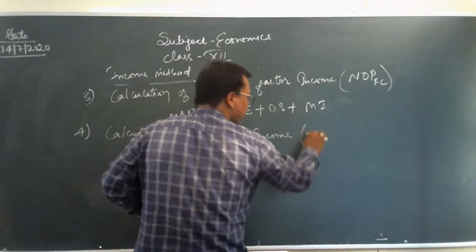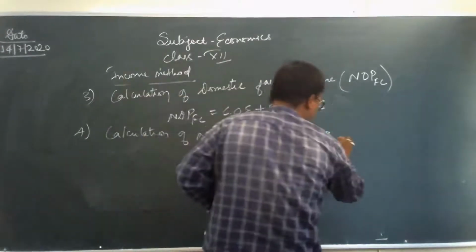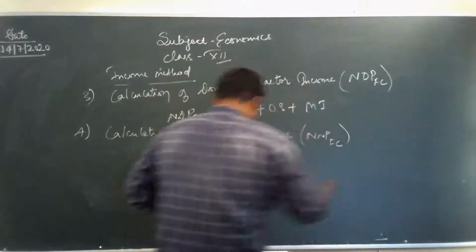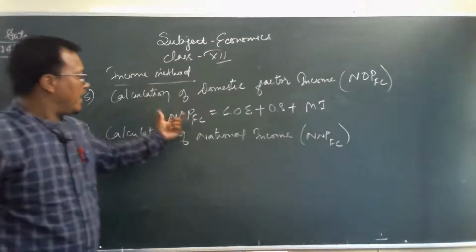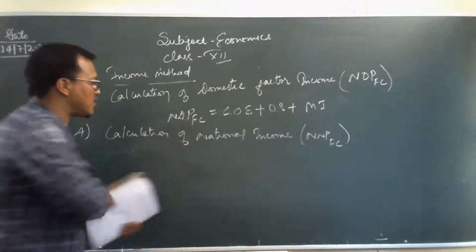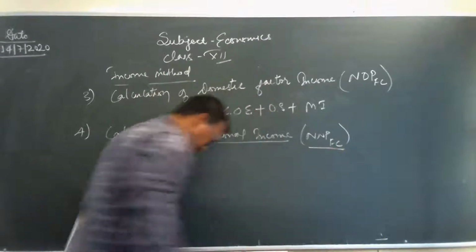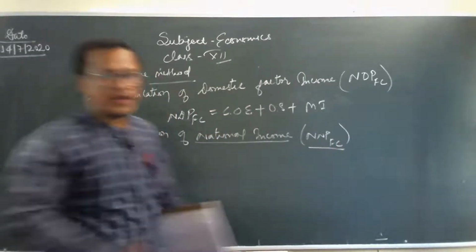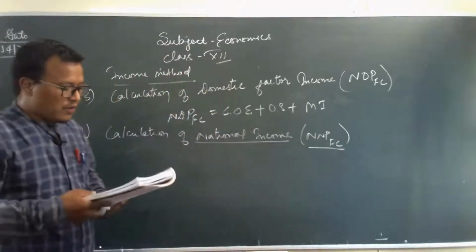National income, or we can say NNP at FC. After calculating net domestic product at factor cost, we have to calculate national income, which is NNP at FC, net national product at factor cost.